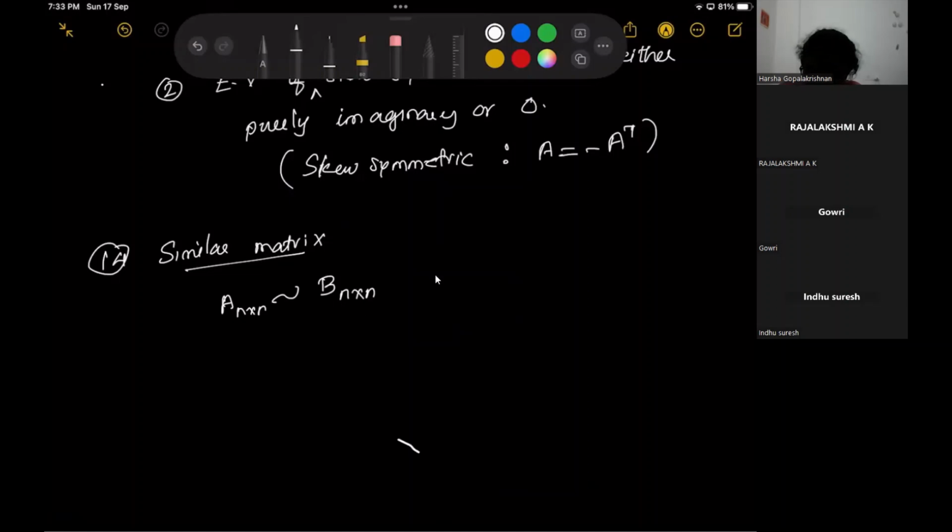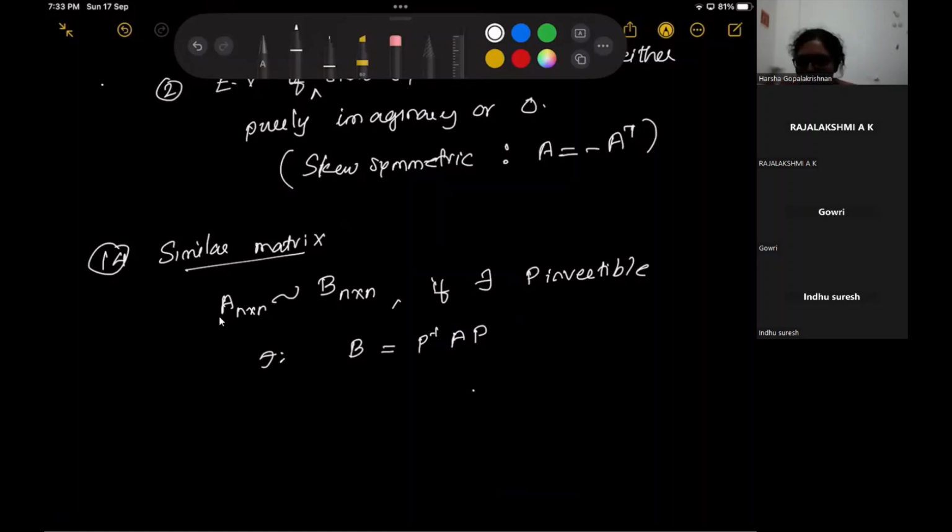A is similar to B if there exists an invertible P such that B equal to P inverse A P. If B can be written as P inverse A P, then we say A and B are similar matrices. And if A is similar to B, on the other hand, we can say B is similar to A also.